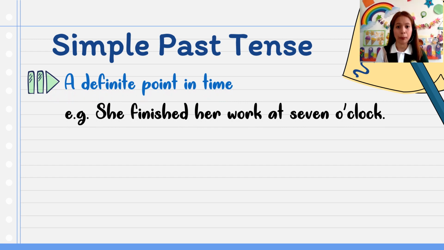So let's go to the next one. A definite point in time is a series of completed actions in the past. For example, she finished her work at 7 o'clock. Which means there is a completed action in the past at 7 o'clock.